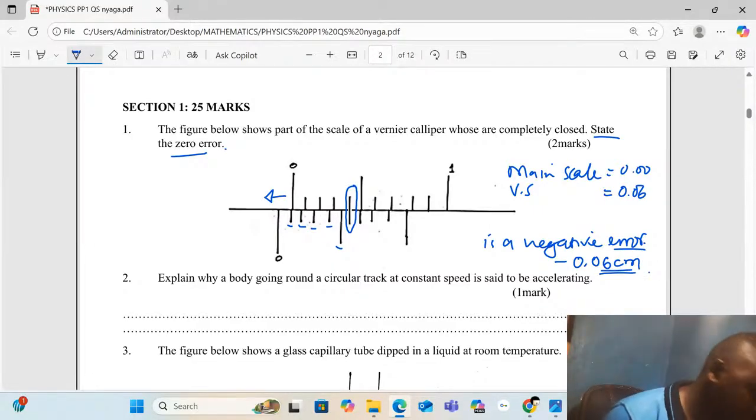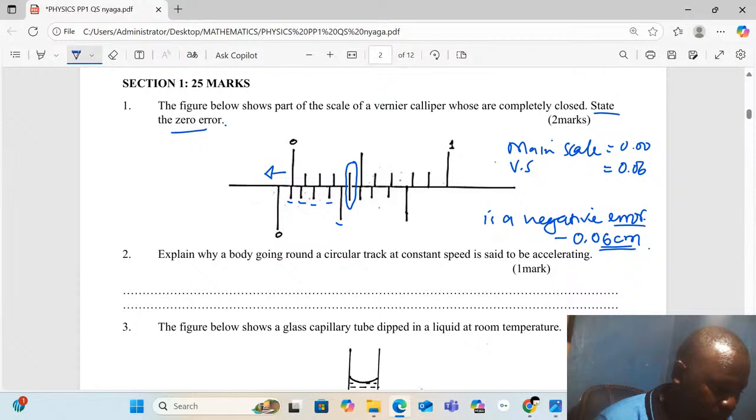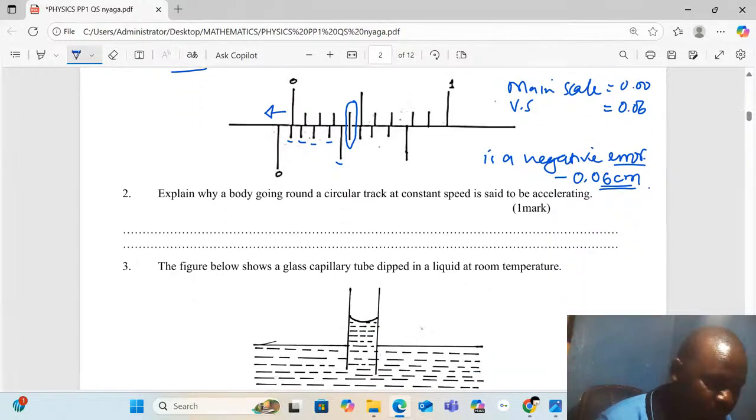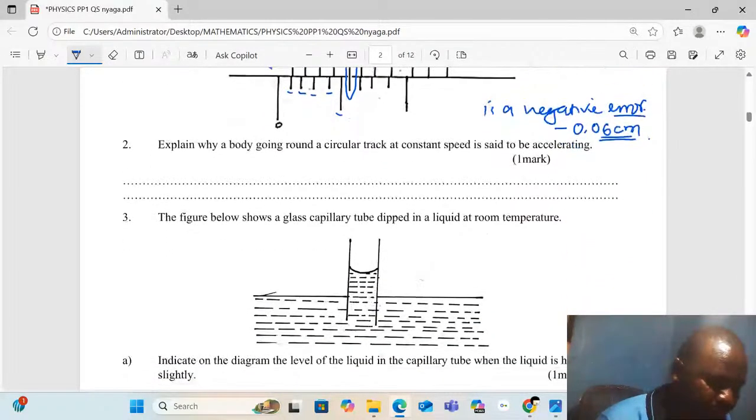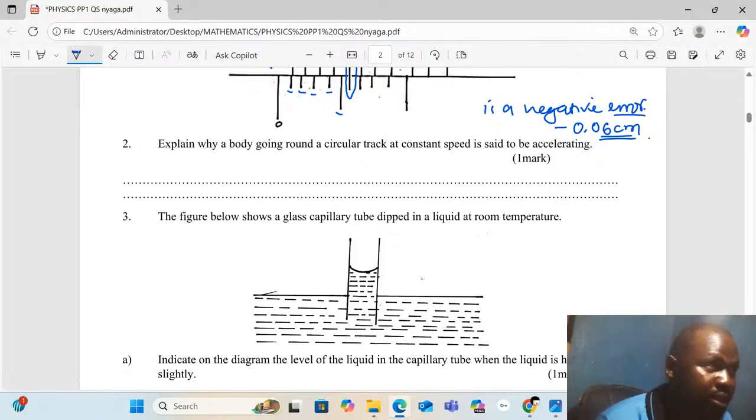Question 2: explain why a body going around a circular track at constant speed is said to be accelerating. This is uniform circular motion. So you want to know why this body is said to be accelerating, yet it is moving at a constant speed. We have the change in the direction of the velocity at any instantaneous point.